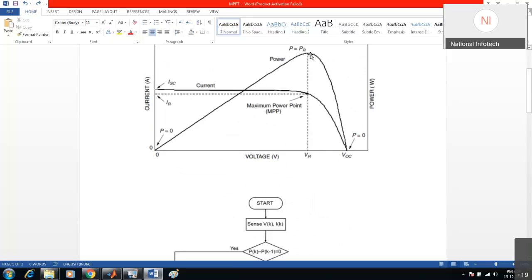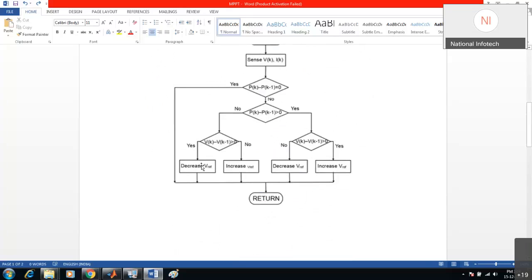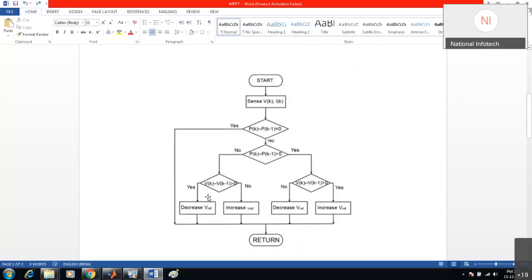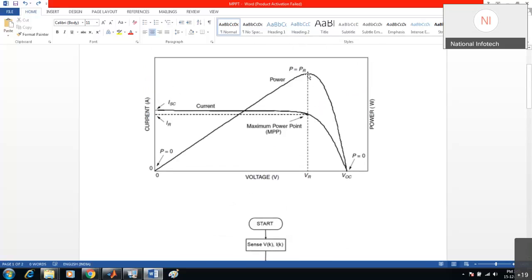So it says you have to decrease the voltage now. Voltage is greater than 0, we can go up to VOC, but at that time it will suggest that you have to decrease the voltage in order to get to this point.